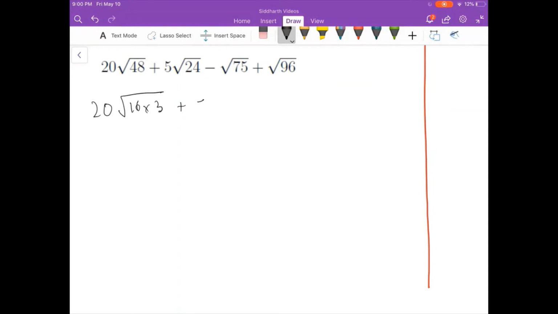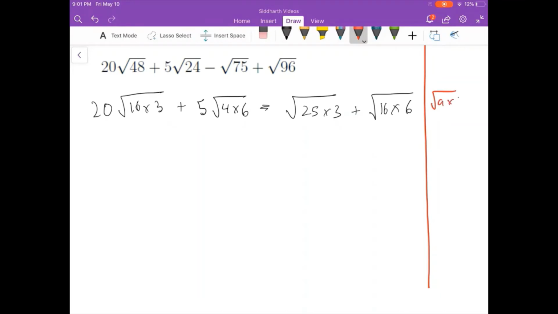So this is 5 square root of 4 into 6, minus square root of 75, which is the same as square root of 25 into 3, and square root of 96 is the same as square root of 16 into 6. We know that square root of a into b is the same as square root of a into square root of b.